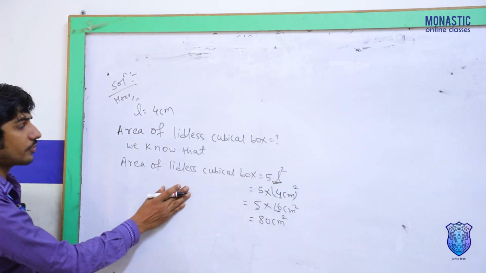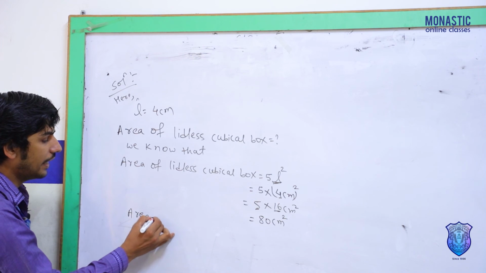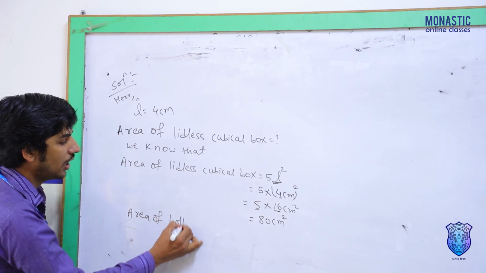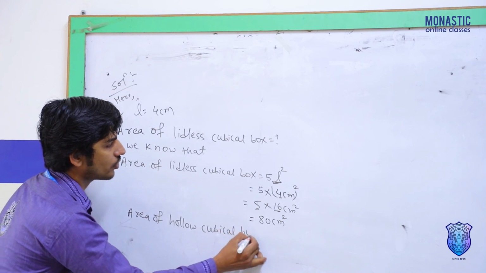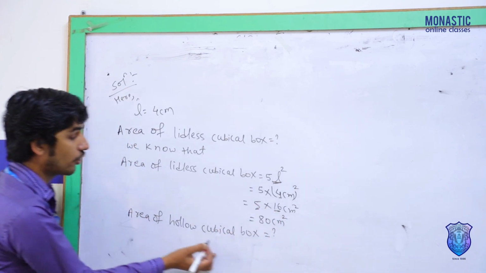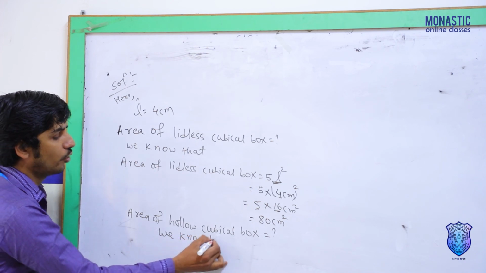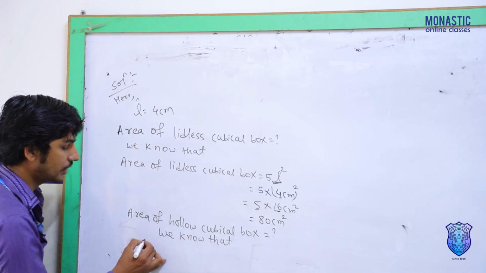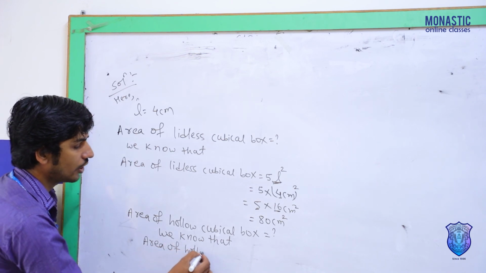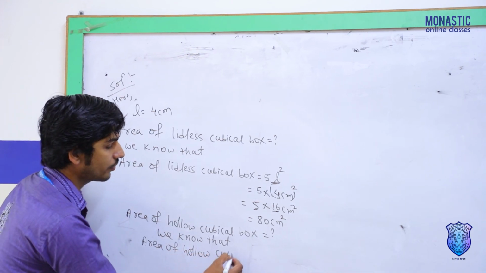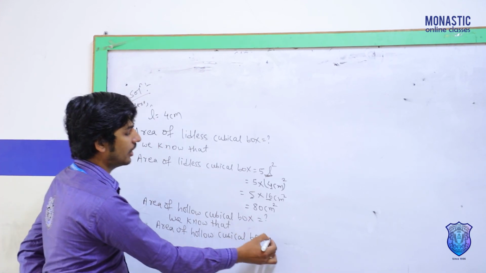After this, our next question is what? That is area of hollow cubical box. So how to find this? So simply you can say, we know that area of hollow cubical box is equal to how much?